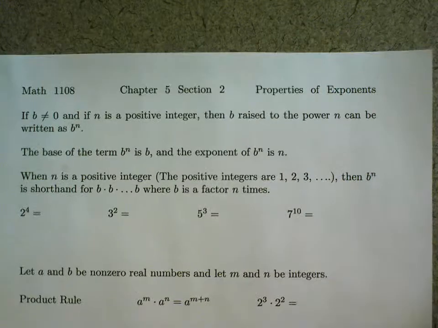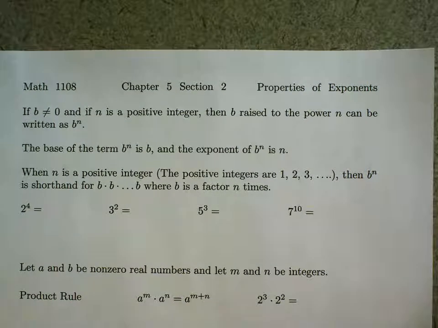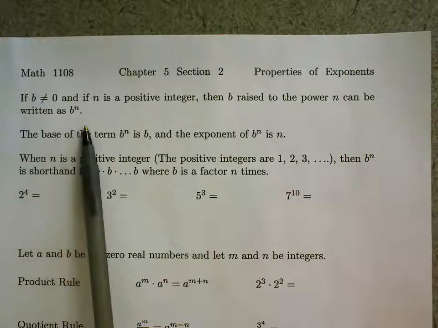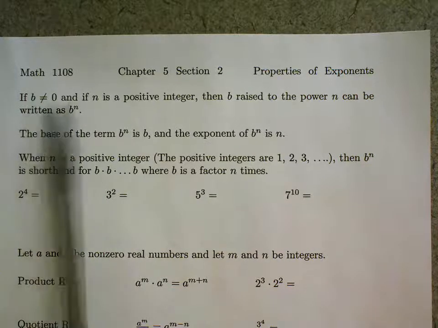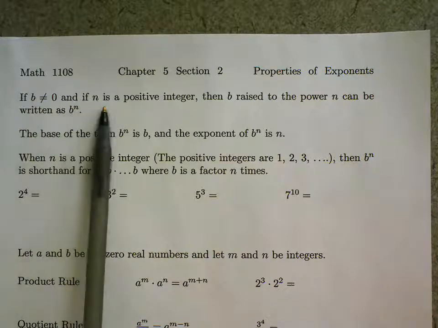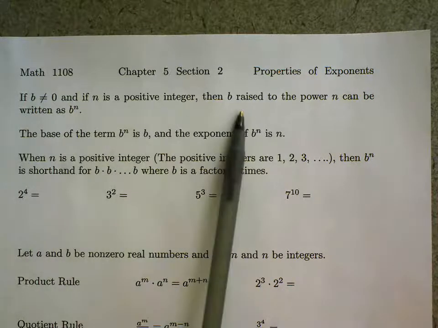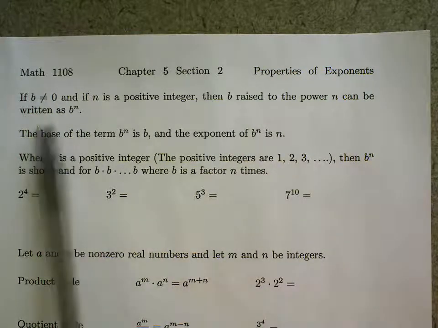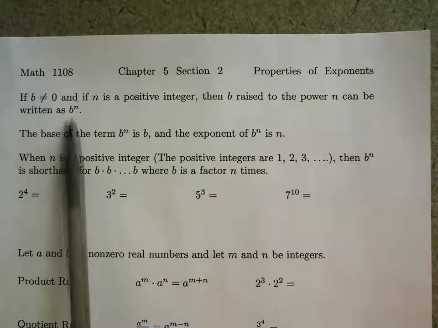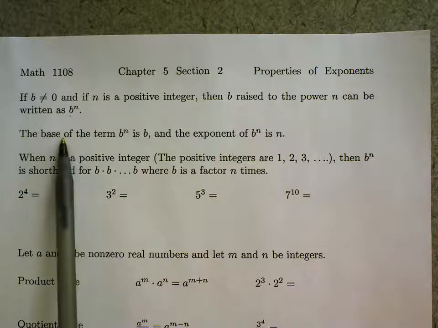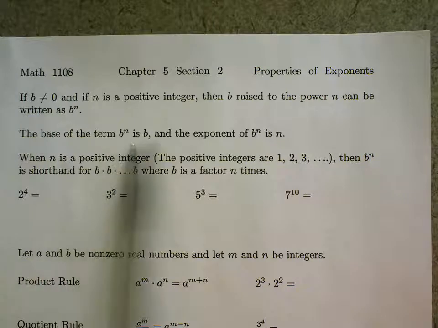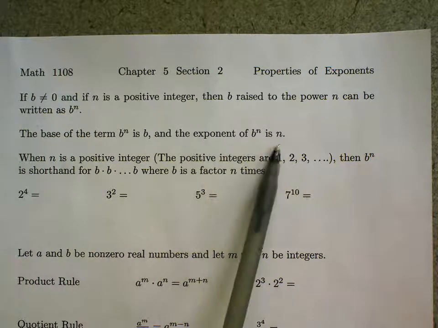Okay, chapter 5, section 2, properties of exponents. So here's a definition. If b does not equal 0, and if n is a positive integer, then b raised to the power n can be written this way. We refer to the number b as the base of the term, b to the power n, and the exponent is n.